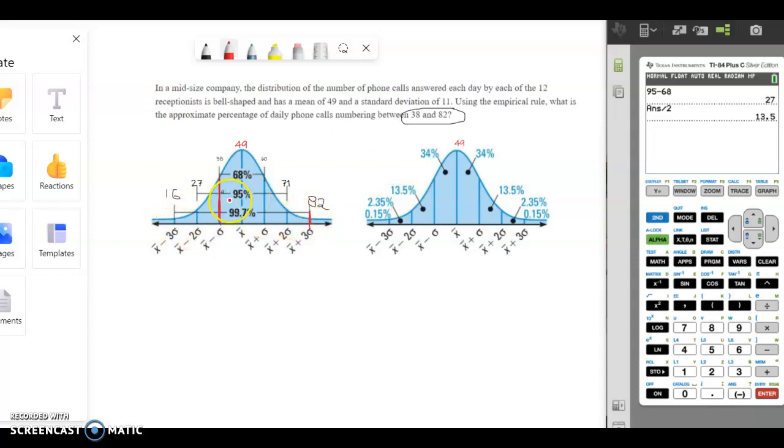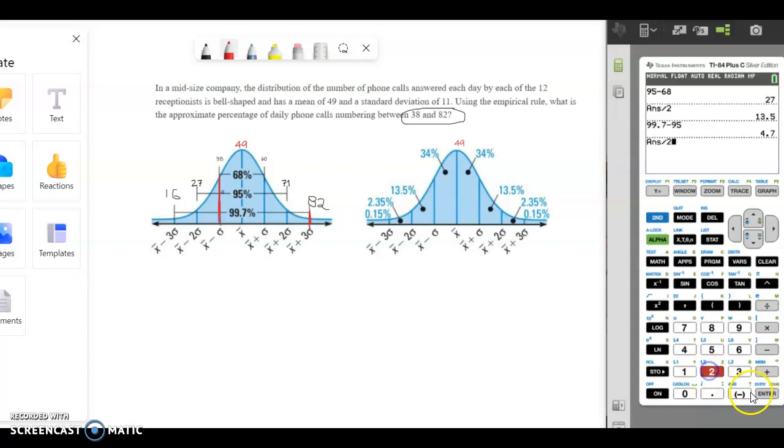Then the last step here is we know 99.7% of the data is between 16 and 82. So how much are these little tail guys here? Well, we've already counted 95 in the middle. So I'm going to take 99.7 and minus off the 95 for the pieces that we already have labeled here with these four guys. That gives me 4.7. That means this piece and this piece together make a 4.7.